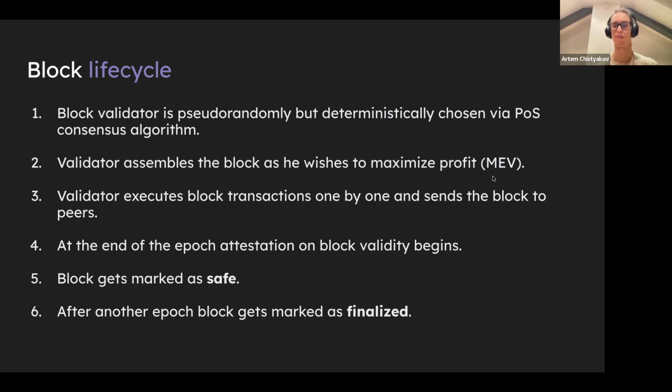There is an abbreviation in the braces. It is called maximal extractable value, which actually means that on top of the proof of stake consensus, there is an add-on that validators can use, like special software that validators can use together with the vanilla Ethereum consensus. So this software knows which transactions to pick and in which order to apply them, so this validator receives the maximum possible profit.